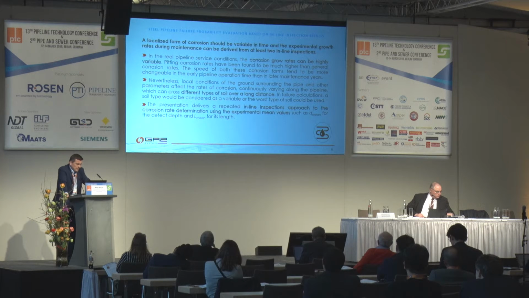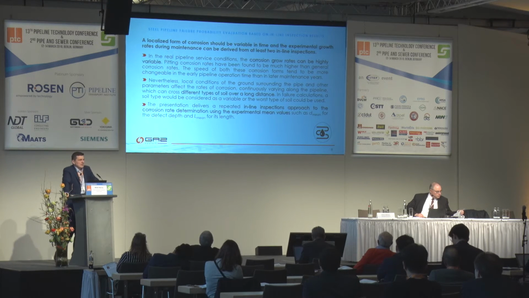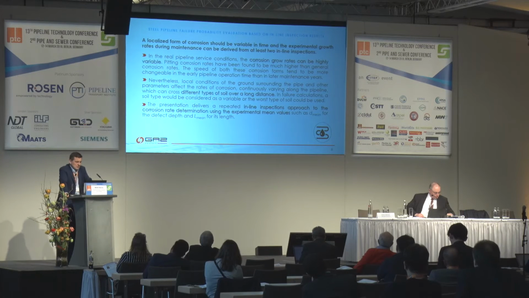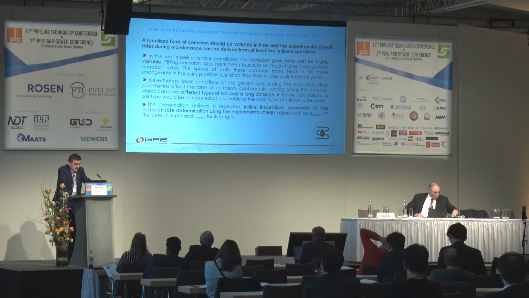Coming back to the corrosion velocity, which is necessary to assess the pipeline reliability with time. As was said in a previous presentation, corrosion is highly variable along the distance of the pipeline, and it depends on many factors, such as soil conditions and other variables.